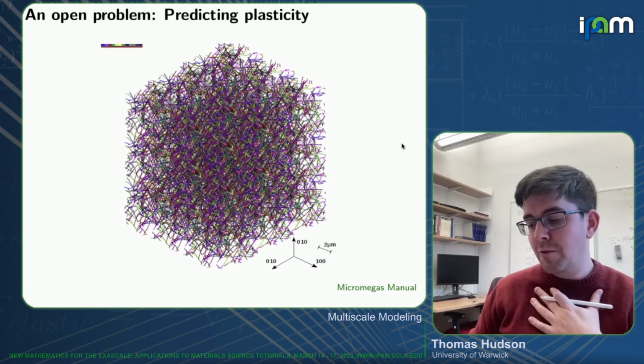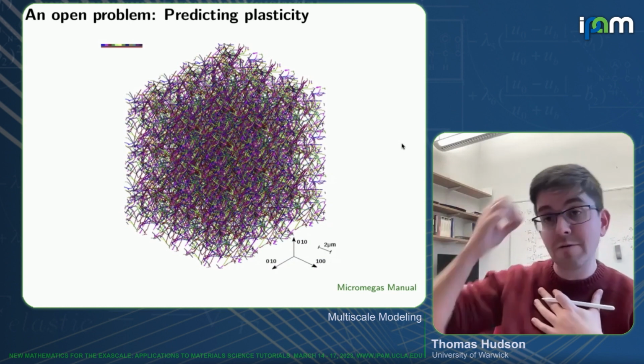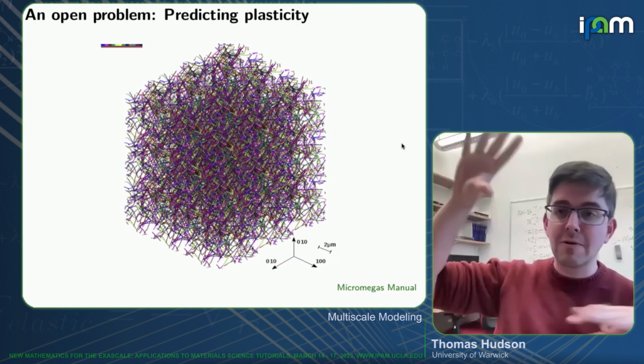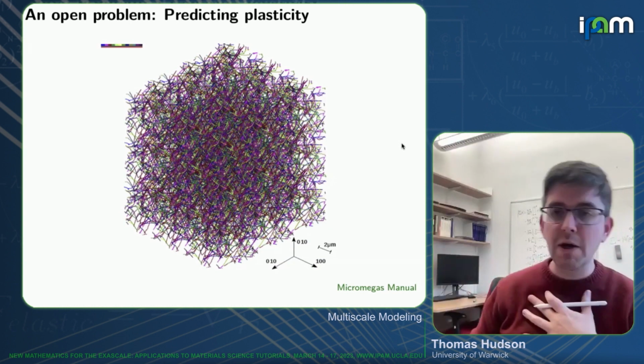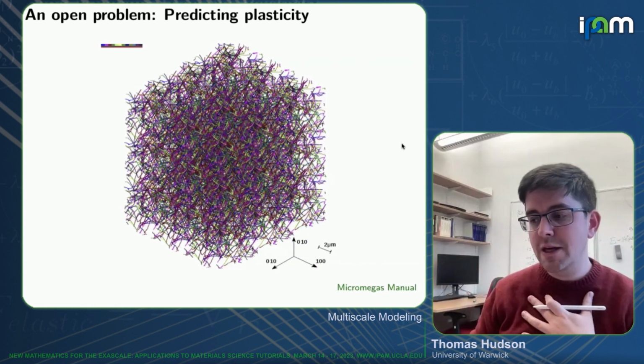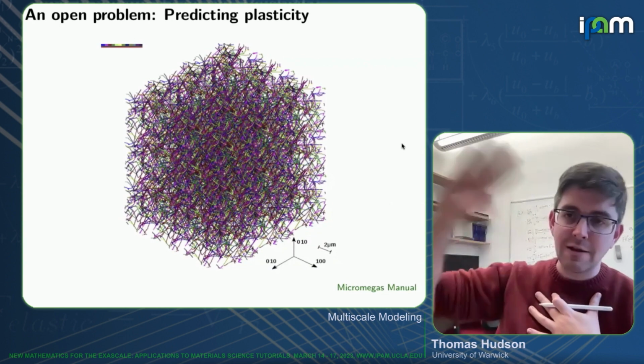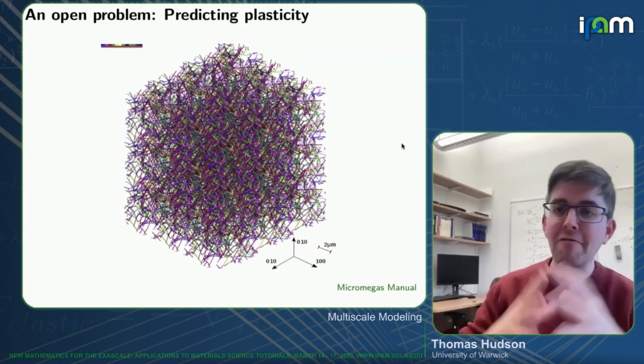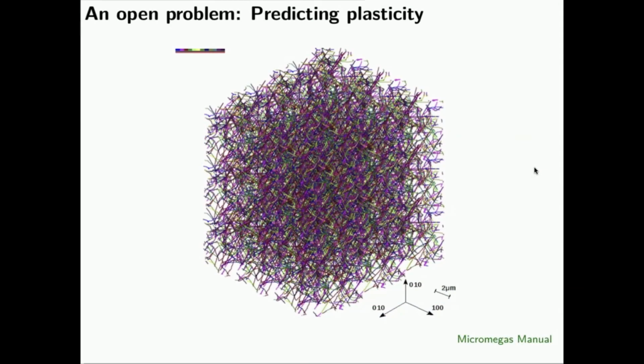And I think whilst we have models of plasticity at the continuum scale, there's actually still a kind of missing link between what we understand about crystal plasticity at the microscale and the macroscale. And it would be lovely in my research lifetime to see the connection between those things actually demonstrated.